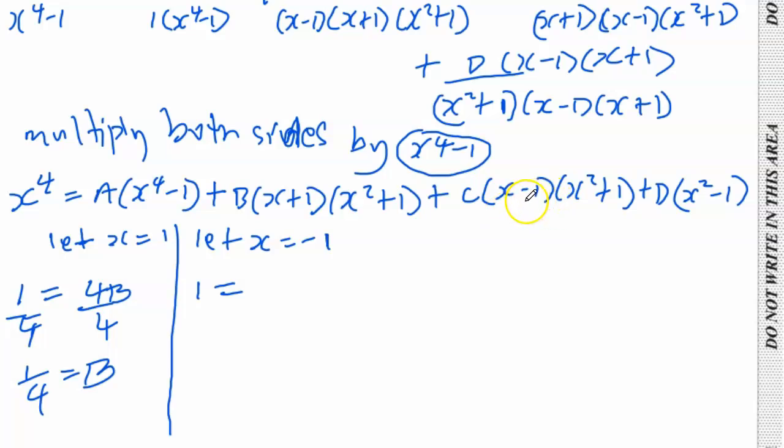If x is minus 1, the first bracket will be minus 1 plus 1... the first bracket will be minus 1 minus 1, which is minus 2, and the second bracket will be minus 1 squared, which is 1, 1 plus 1, 2. Minus 2 times 2, that's minus 4. So it's minus 4c. Divide both sides by minus 4. So c is negative a quarter.